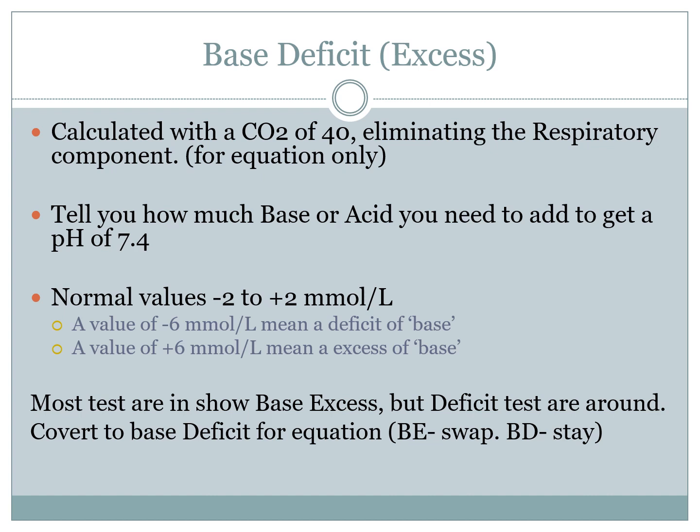Now, big thing you need to take from this is obviously what the base excess is, but most of the tests out there will give you a base excess. The equations that we use, we work on a base deficit. Okay, so we need to convert the base excess to a base deficit. Now, if you're lucky enough and you have a machine that gives you the base deficit, then you're fine. If you don't, and you're like most other machines out there, you just need to swap the negative and positive.